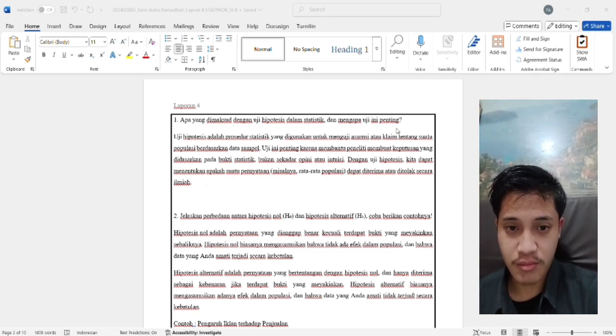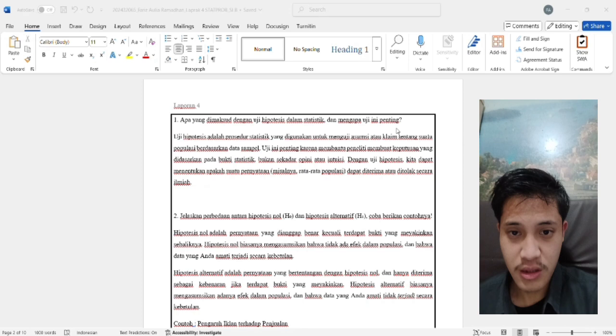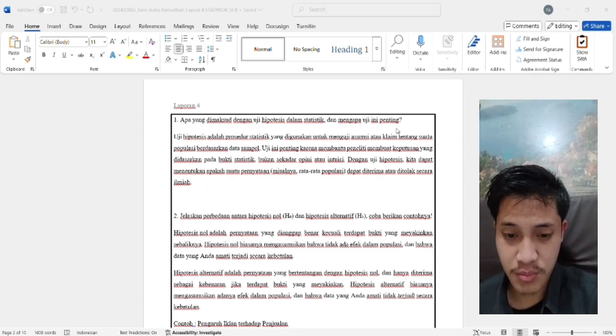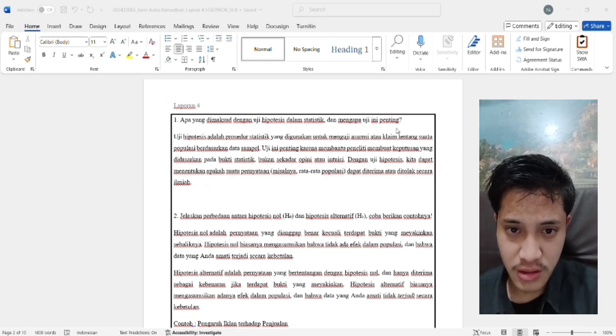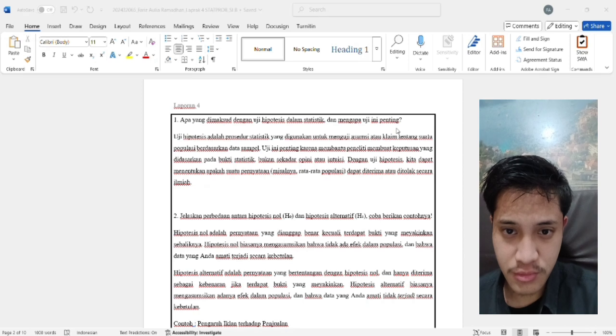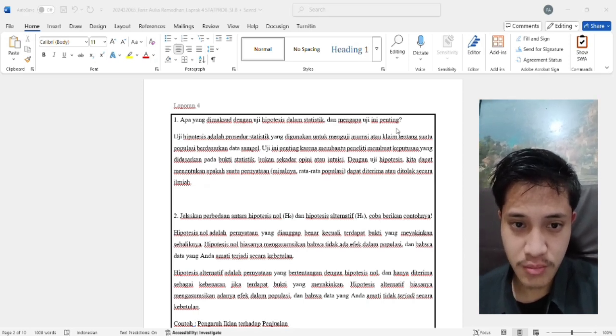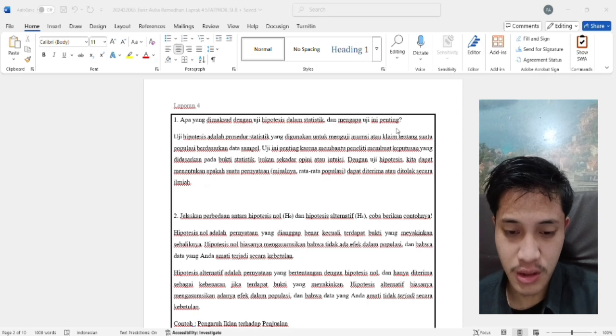What is meant by hypothesis testing in statistics and why is it important? Hypothesis testing is a statistical procedure used to evaluate assumptions or claims about a population based on sample data.